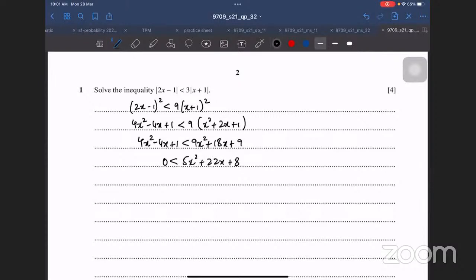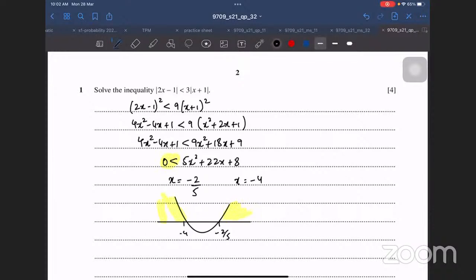Now what I can do is put the entire thing on a calculator and get my answers. Or I can first solve a quadratic equation and say that there are two values of x, minus 2 over 5 and minus 4. Okay, I can make a small sketch and say that I require the regions that are greater than 0.